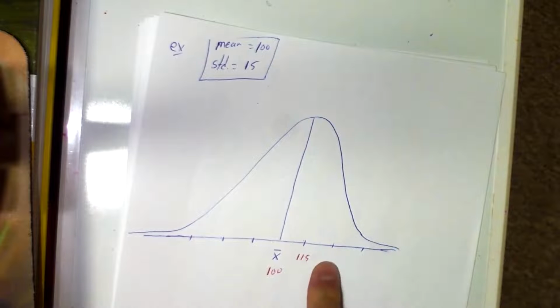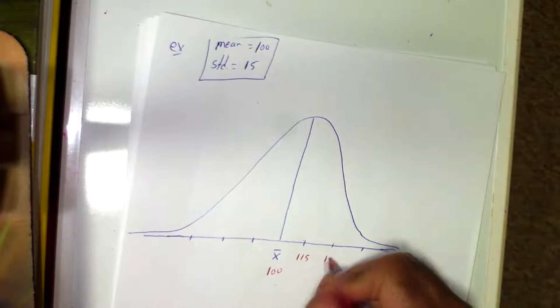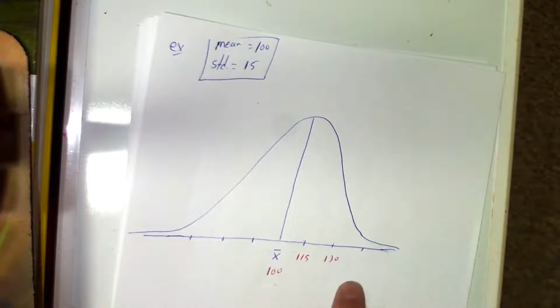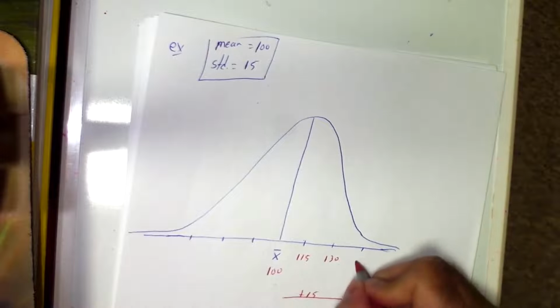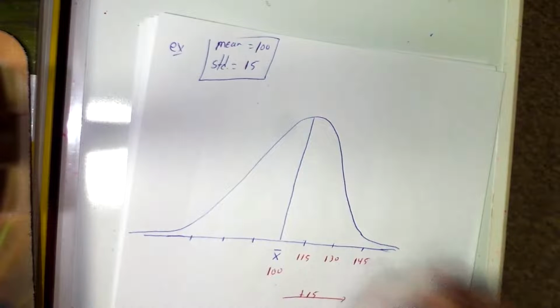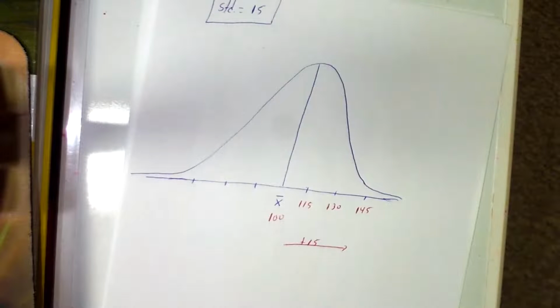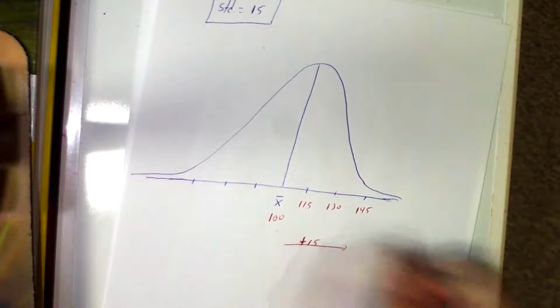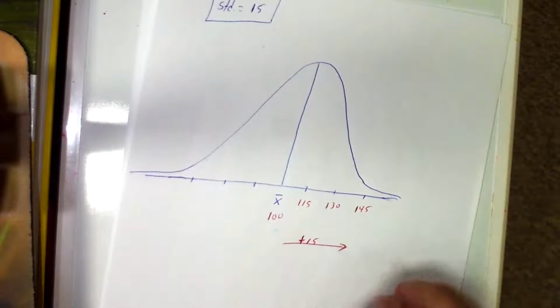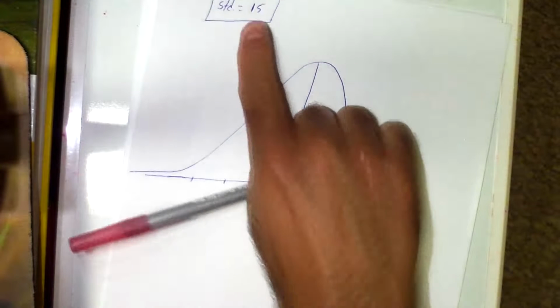If I add another 15 to 115, I get 130. You continue adding 15 as you go to the right. The next one would be 145. So when you label on the right, you add your standard deviation.